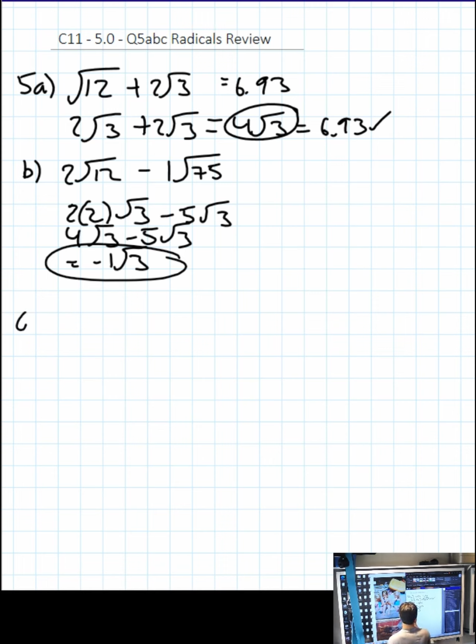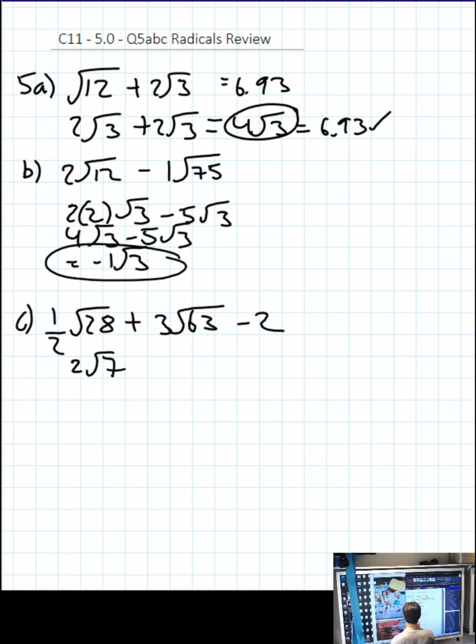Okay, we have 5C. We have 1/2 square root 28 plus 3 square root 63 minus 2. Okay, so root 28 is simply 4 times 7, which is simply 2 root 7. So we have 2 root 7. We can put 1/2 out in front. Plus, so root 63 is 9 times 7.